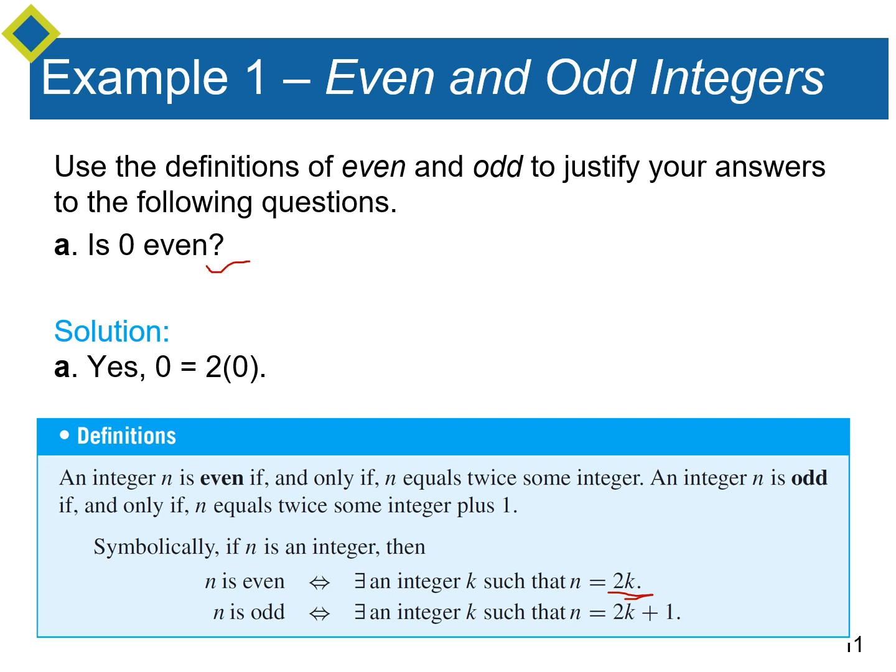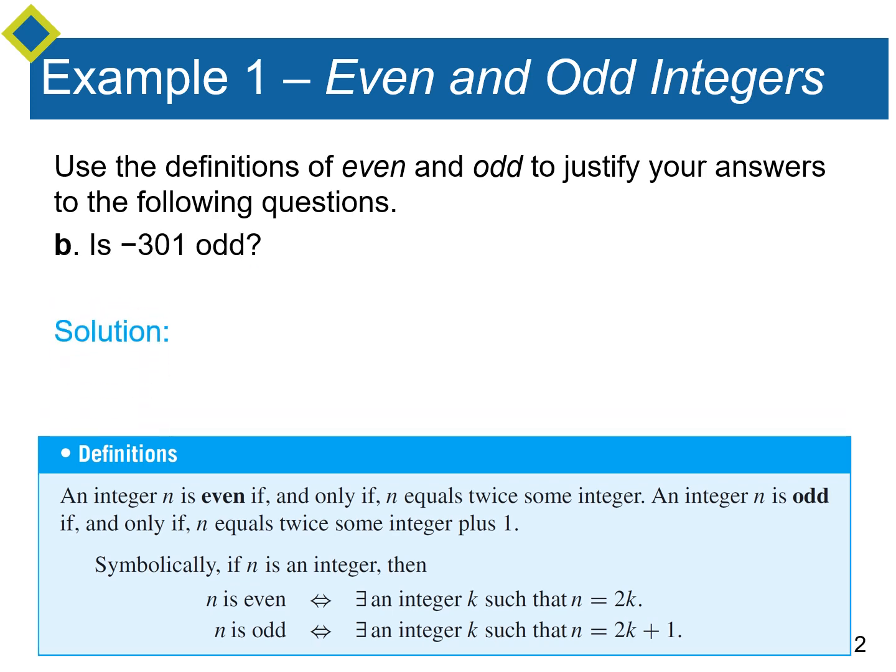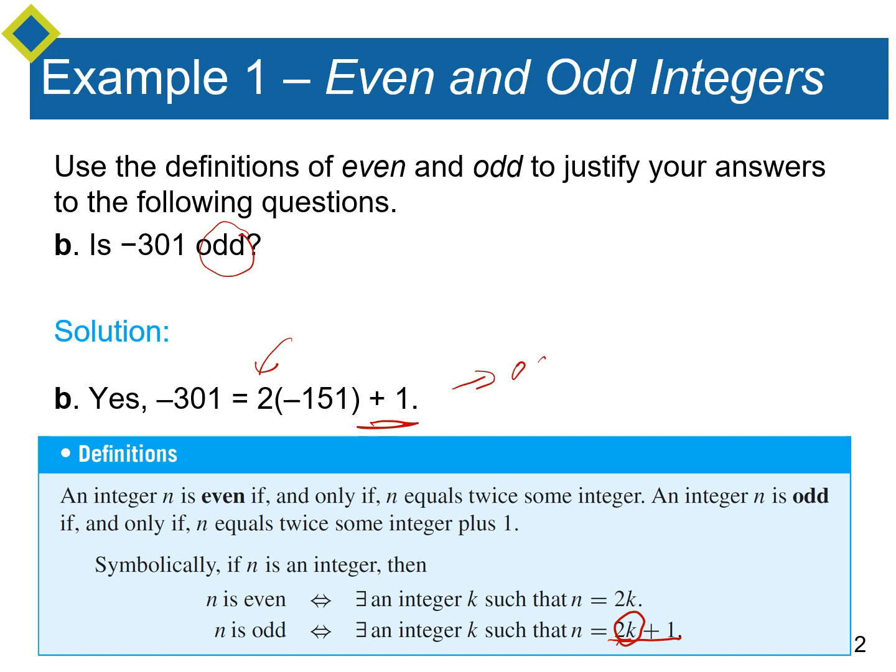Second statement: is negative 301 odd? So which one do we use? We can use this one, because it is odd. So we just replace the number. Negative 301 equals 2 times negative 151 plus 1, so this is odd.